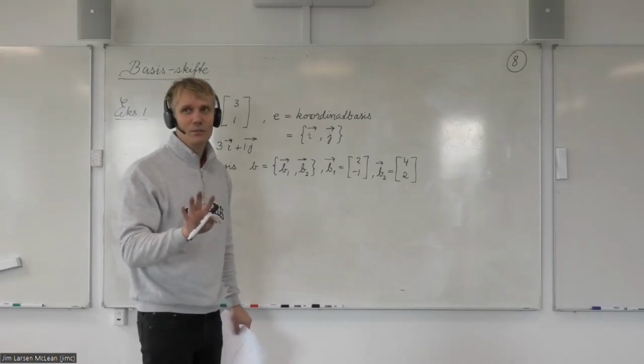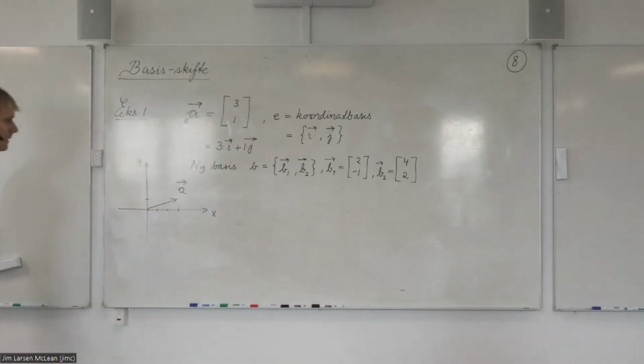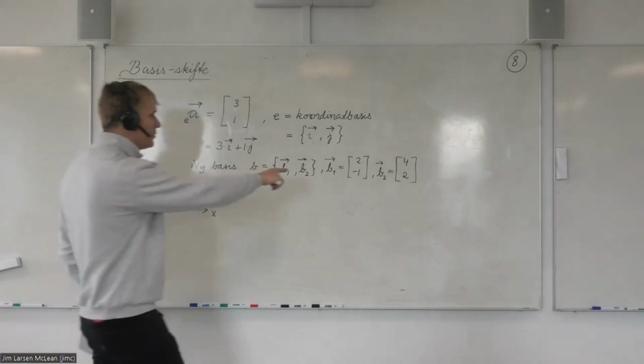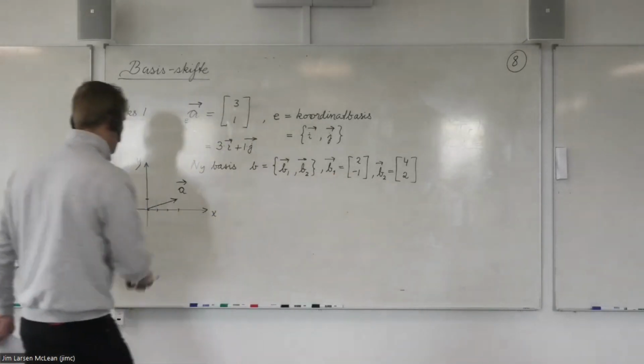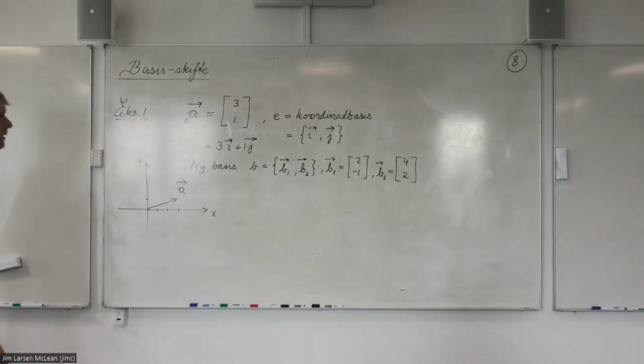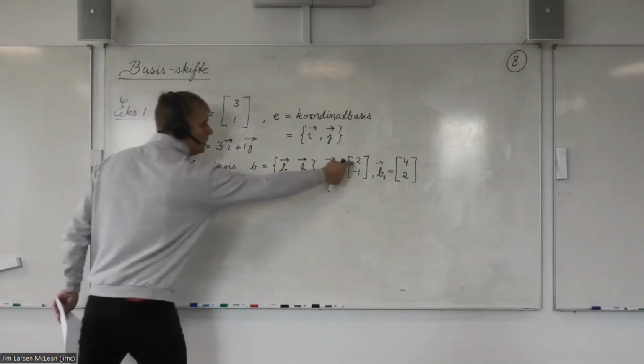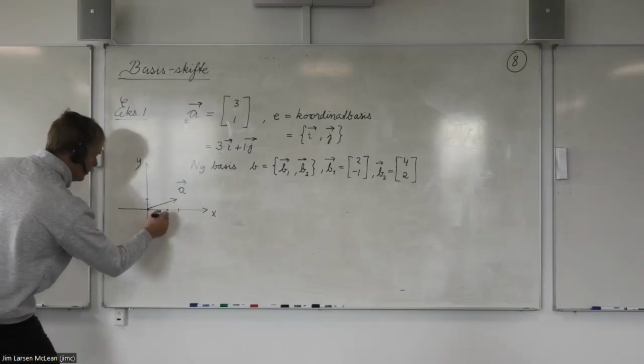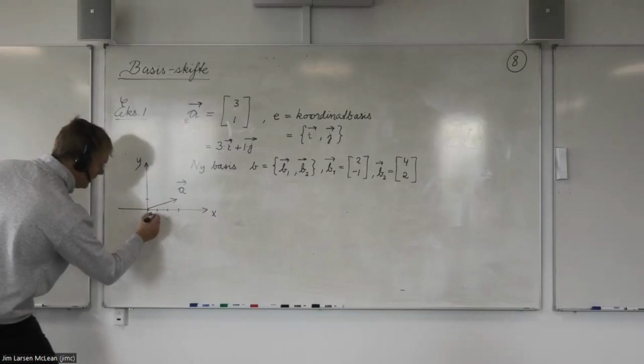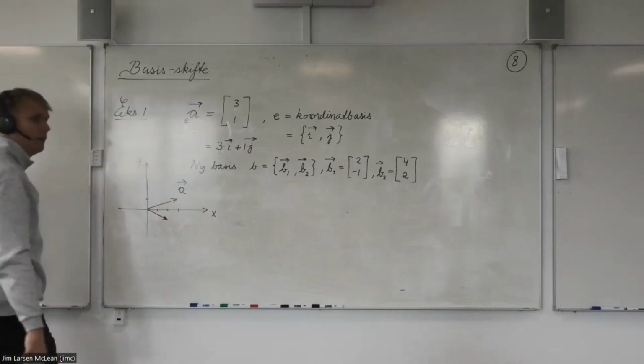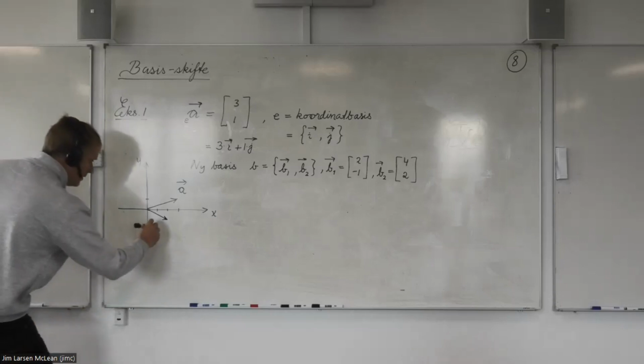Are you with me so far? Let's go then. Try drawing the 2 vectors down here on the same diagram. The first vector went 2 out and 1 down, so it's approximately here. That is the b1 basis vector.